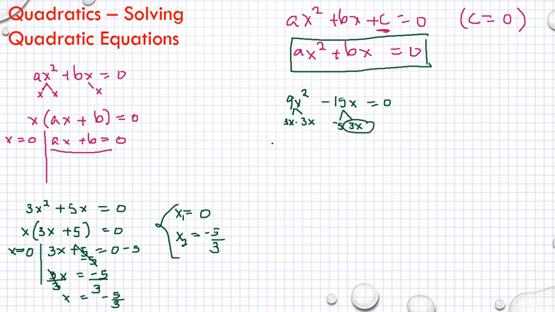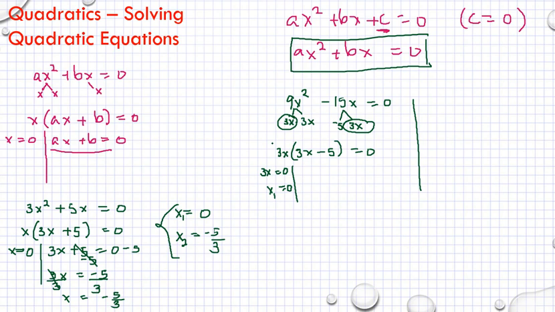So 3x is the common factor, and we have 3x times (3x subtracted by 5) is equal to 0. But you can see here now, if we put them into equations, 3x is equal to 0, then our first root is still 0.